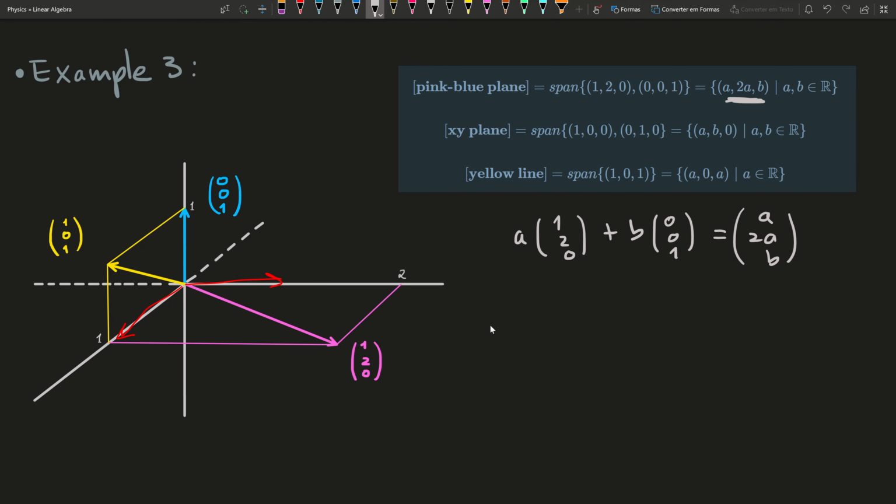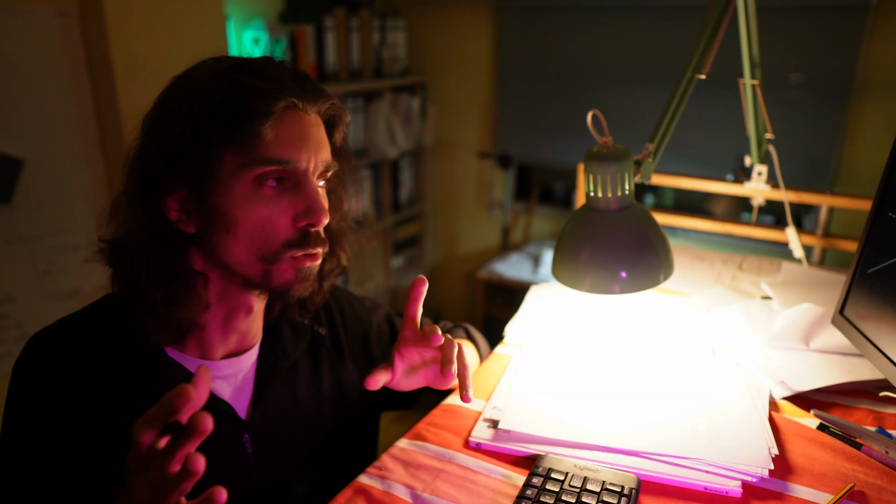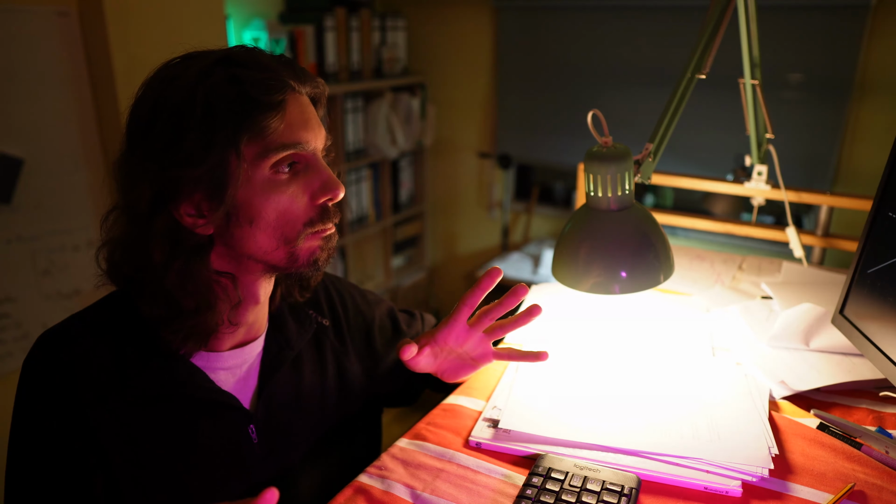Let me write: you have U, which is the xy plane, and V, which is the z-axis. Consider these two subspaces of R3. I claim, and I think it's quite easy for you to see, that any vector in R3 can be written as an element of U plus an element of V all the time.